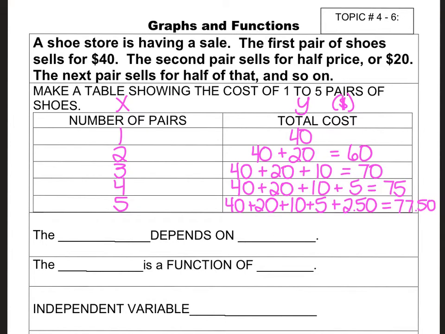the blank depends on the blank. So remember that Y always depends on X. So if we look at our table here, the total cost depends on the number of pairs of shoes.